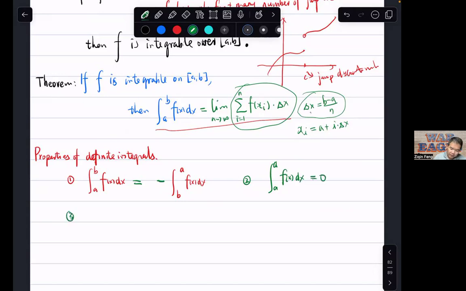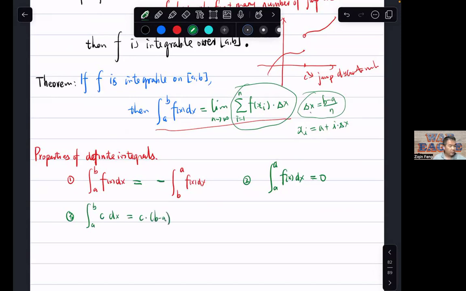The third one is the integration from a to b of c dx. If c is positive, this corresponds to the area of a rectangle with base b minus a and height c. So this should be c times b minus a.